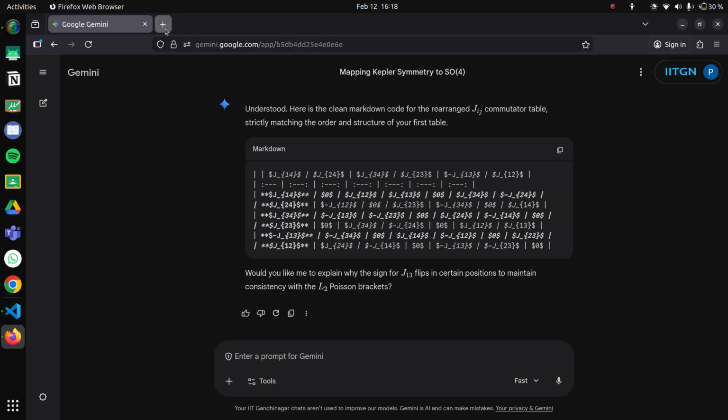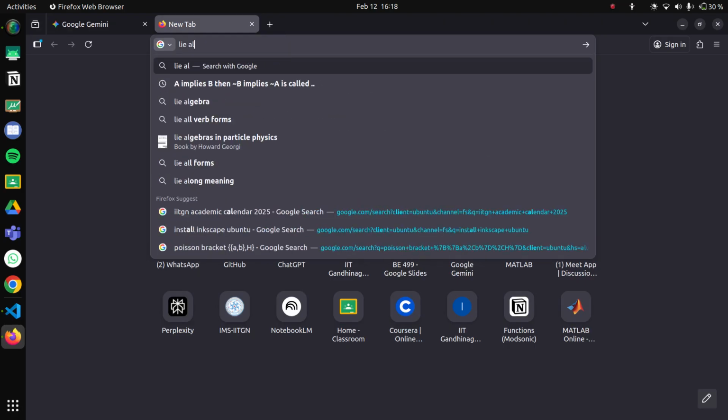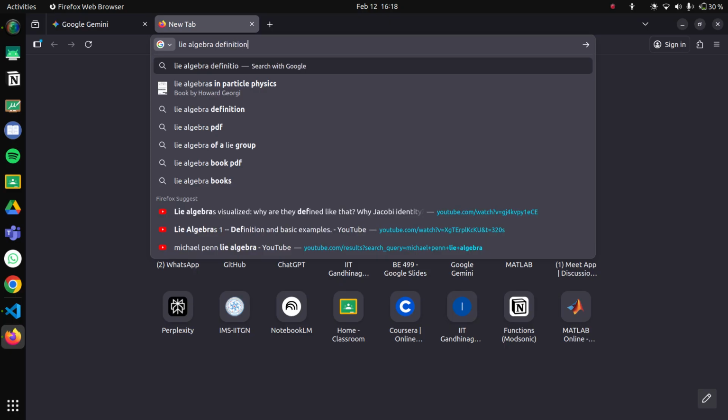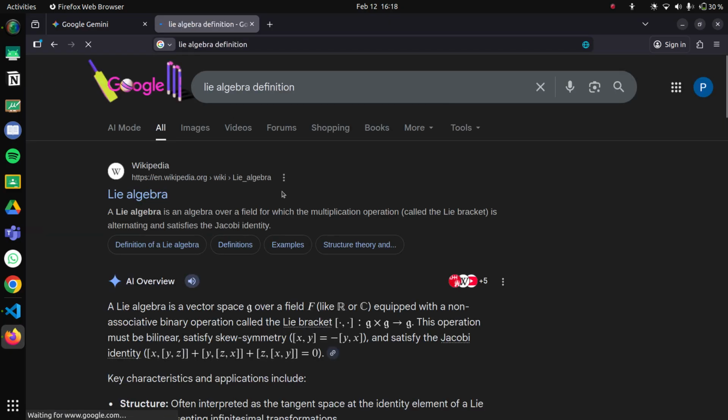Just to see, okay, Lie algebra definition. So it's a vector space over a field F. Any vector space is basically just like a sort of abelian group, equipped with a non-associative binary operation called a Lie bracket, which maps from G times G to G. This operation must be bilinear, satisfy skew symmetry.